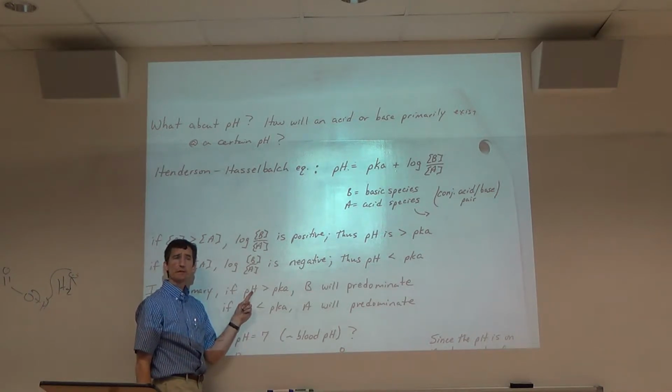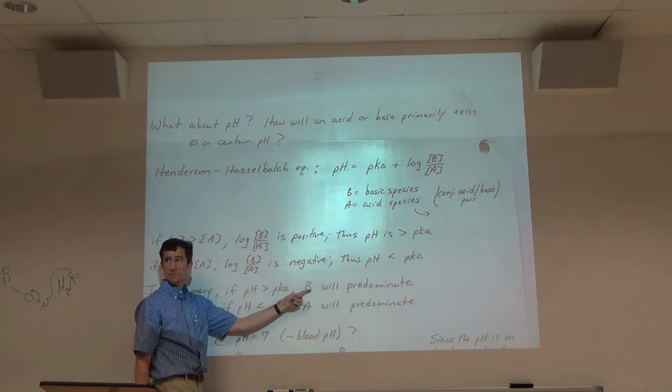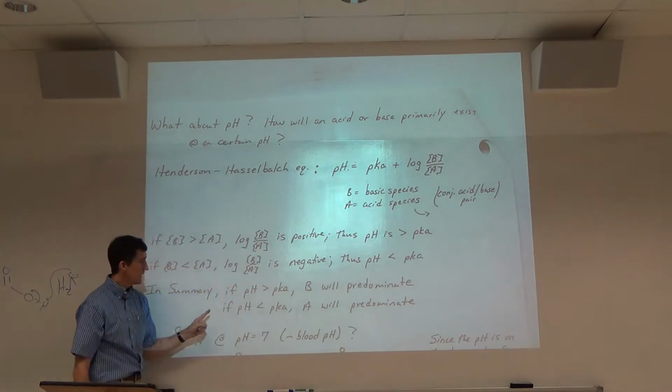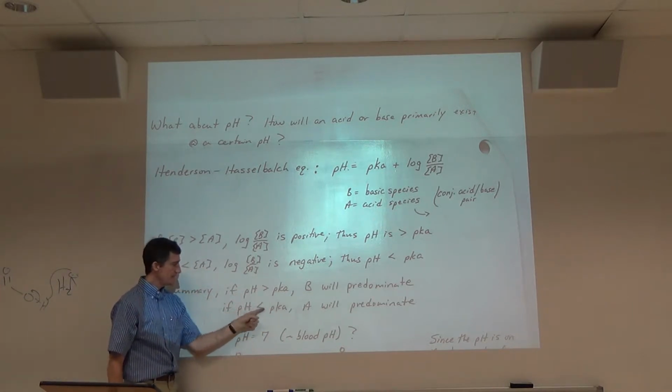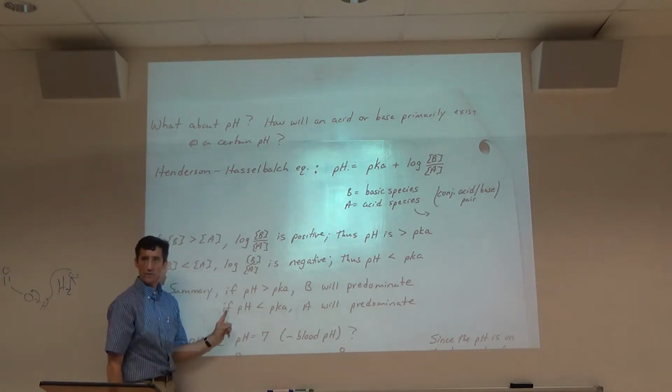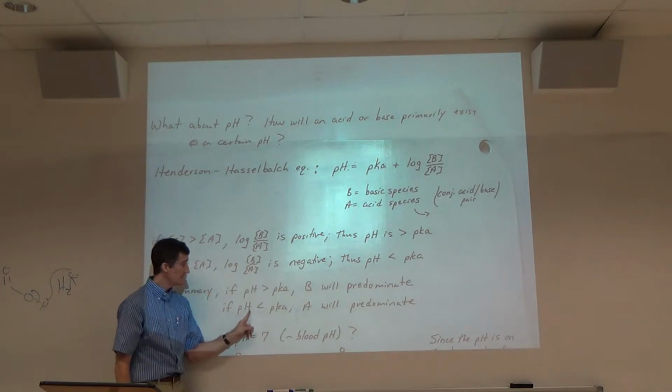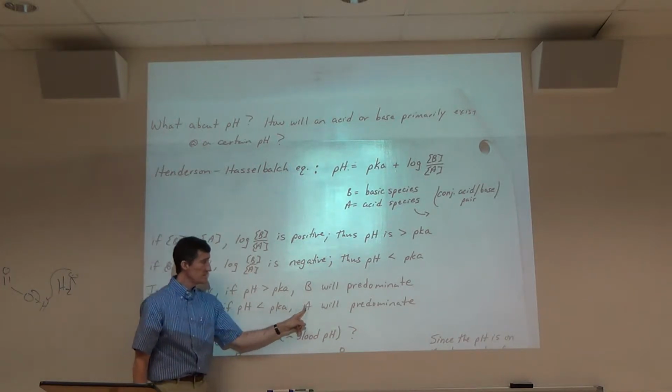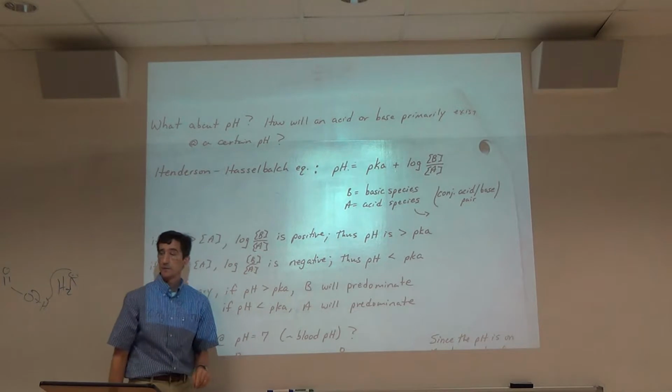Is that basic or acidic? Yes, when the pH is on the basic side of the pKa, the basic species predominates. Now, if the pH is less than pKa, it's lower. What does a lower pH imply? Acid. Indeed, if the pH is lower than the pKa, the acidic species will predominate.